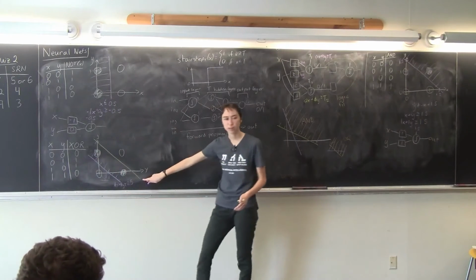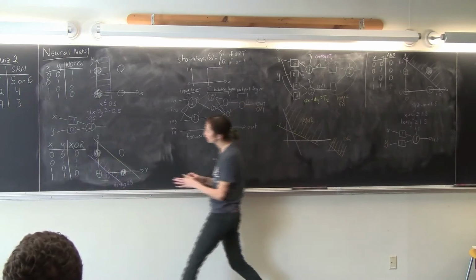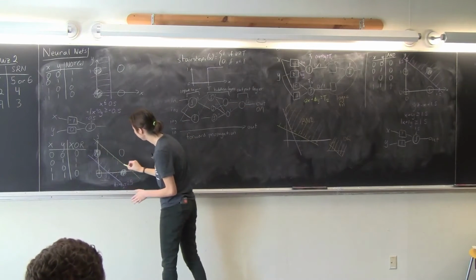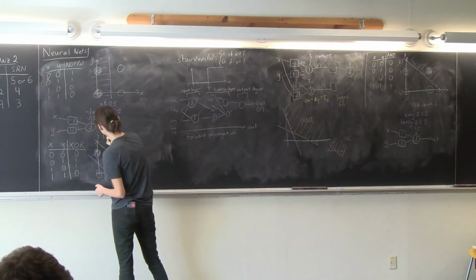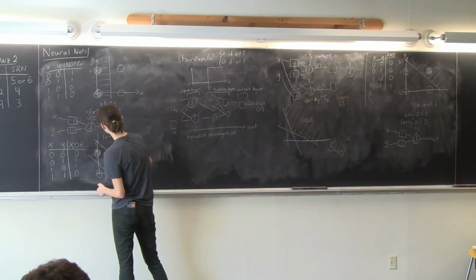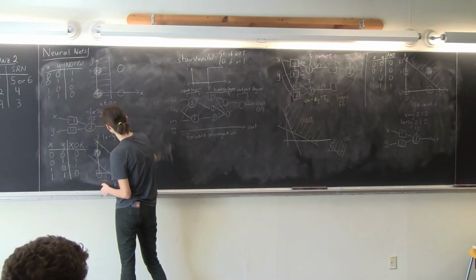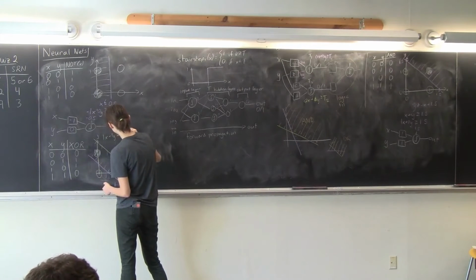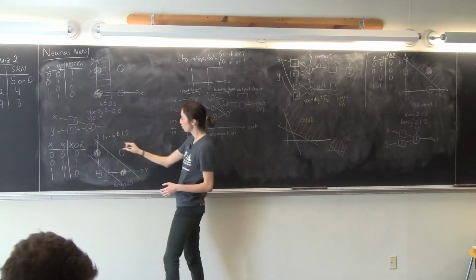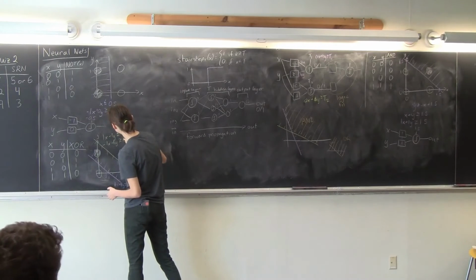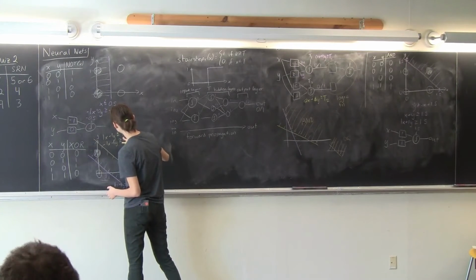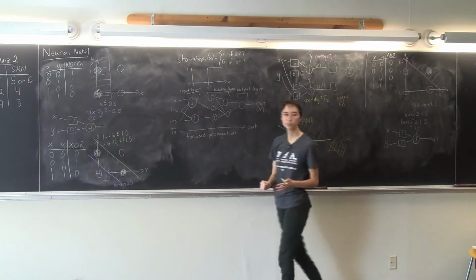Which side of this line do we want to shade? Below. So that means that this green line will be 1x plus 1y is less than or equal to 1.5, and we can reverse that sign by negating everything. So we have negative 1x minus 1y is greater than or equal to negative 1.5.